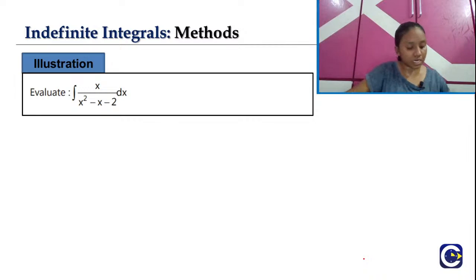Come on guys, quickly let me know. Those who have factorized this given denominator, please let me know at least the factors so that we can proceed further, because it's easy. You already know how to factorize a given quadratic equation.